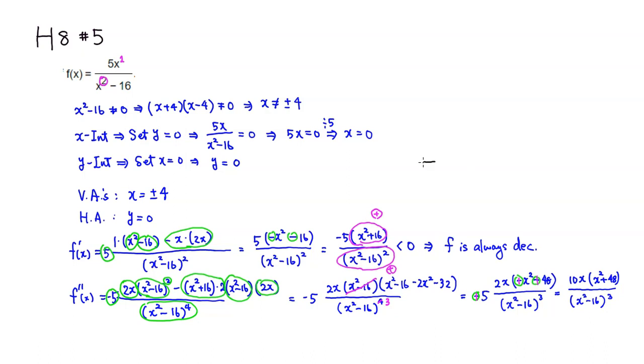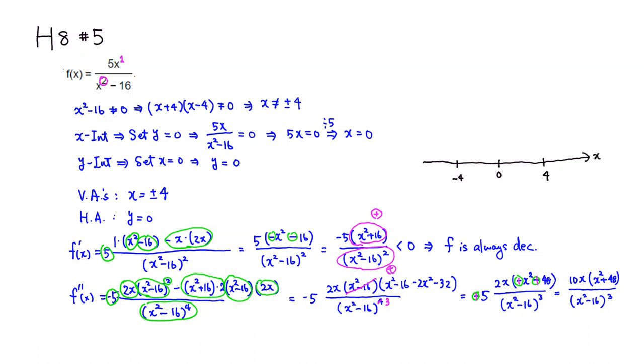Here's a number line. If you set that equal to 0, you can see that x equals 0, so you have to put that on. And also you have a vertical asymptote at -4 and +4.